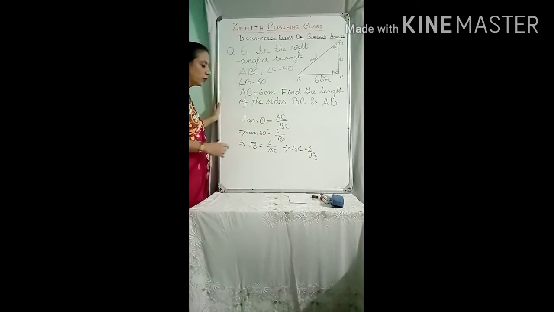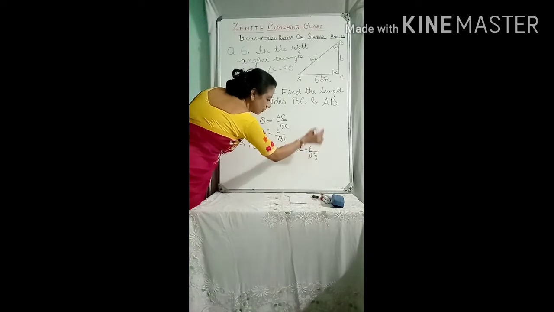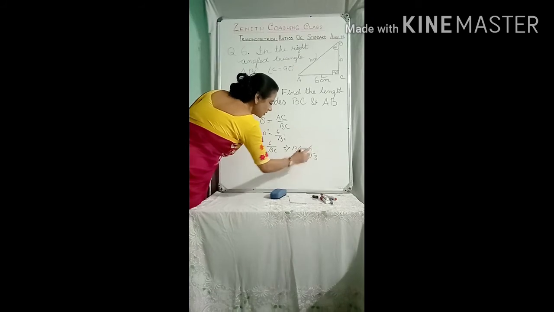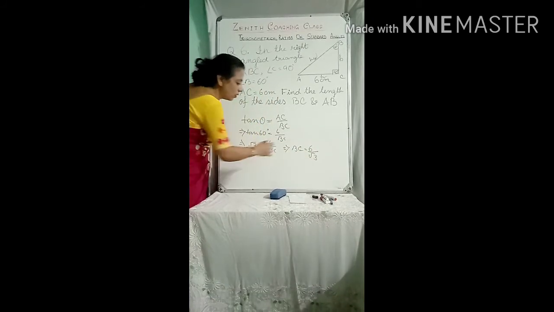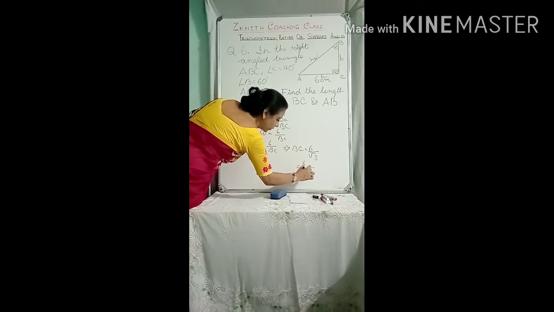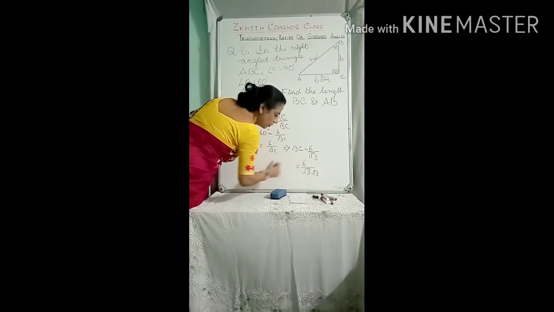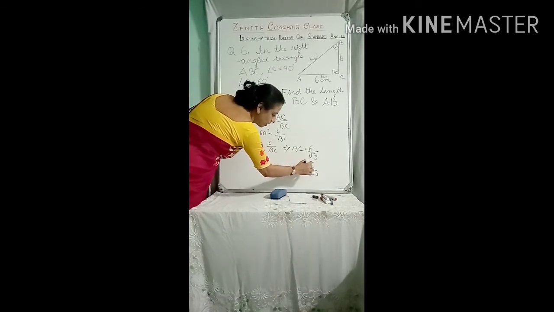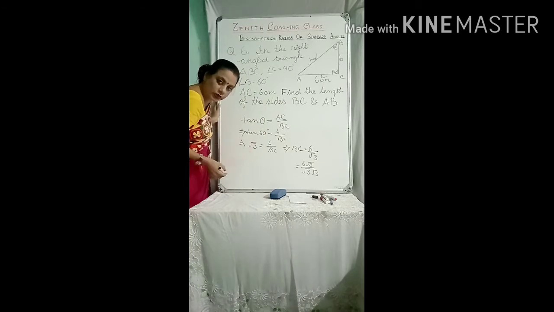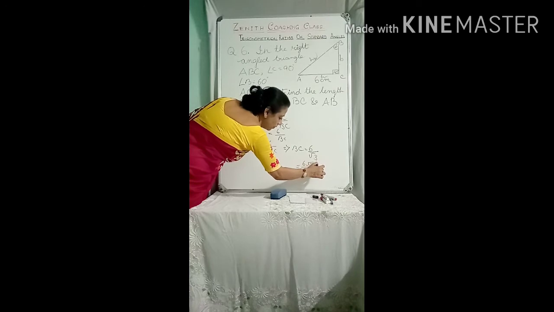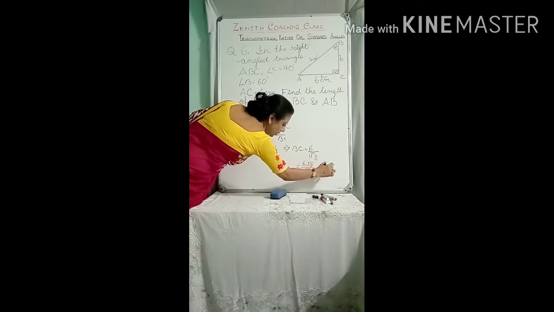You cannot keep root 3 as the denominator, because you have to rationalize the number. So you have to multiply root 3 into root 3 in the denominator, so you have to put root 3 in the numerator also. So rationalize: 6 root 3 by root 3 into root 3, that is 3.